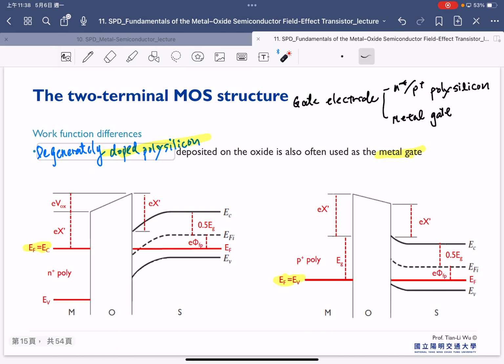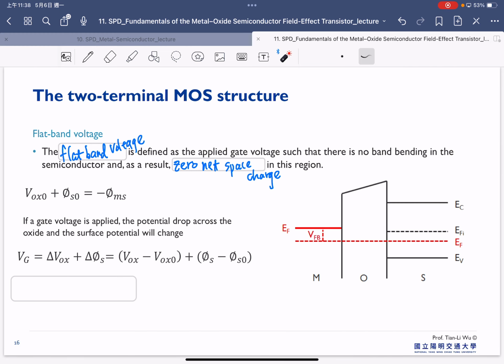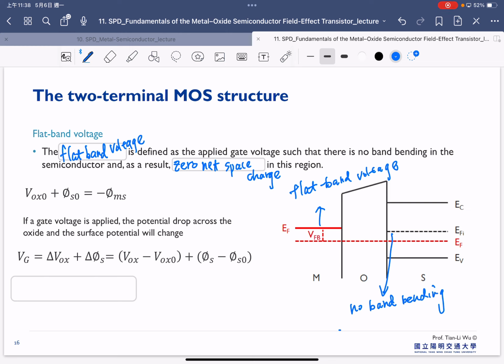So if you try to make the band flat everywhere, we have to intentionally add a certain voltage here. So in here, we call it the flat band voltage. And once we apply the flat band voltage, there's no band bending. So that means there is zero net space charge in this region.